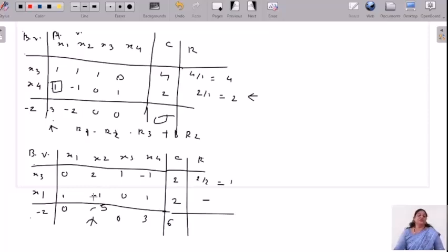Therefore we can't take the minimum ratio here, and there is only one variable which will enter the basis, that is x2 will enter and x3 will exit, and in this direction 2 is the pivot element. Again you know that the procedure is to make the pivot element unity and the corresponding column elements equal to 0.